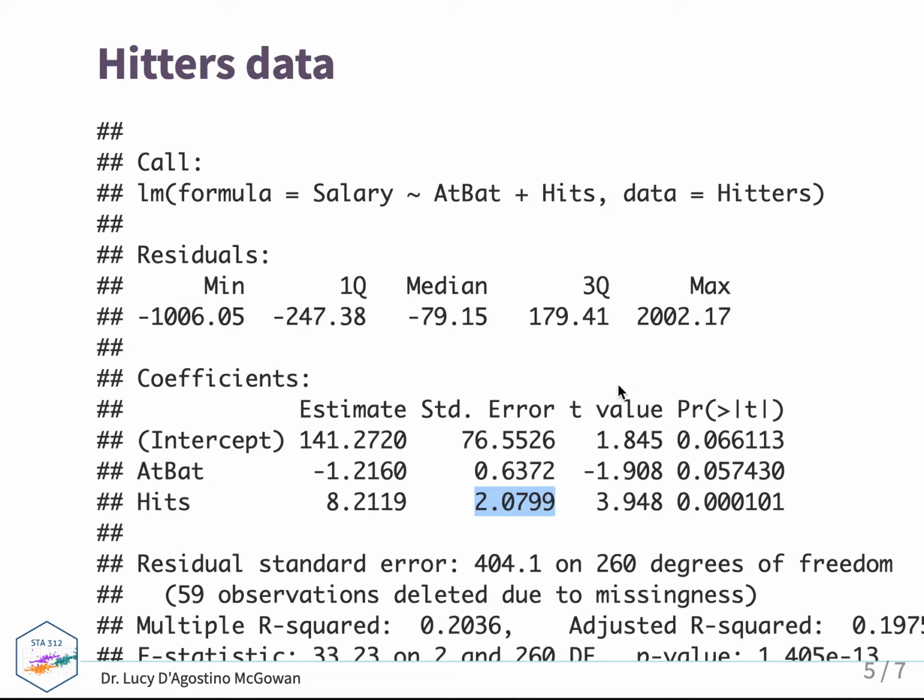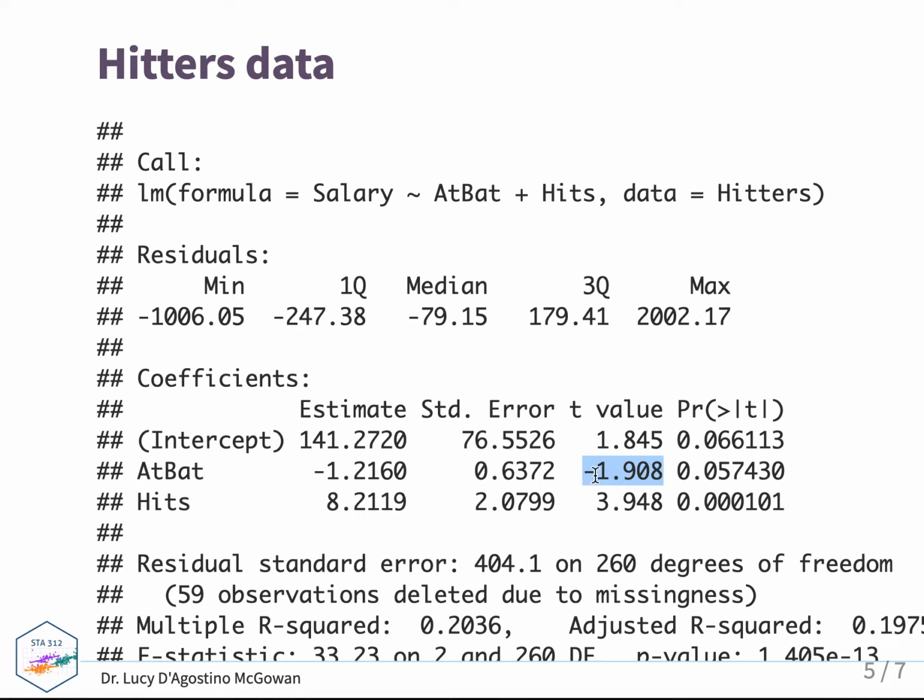That's exactly what a t-value, the t-statistic, is. It's just the beta coefficient divided by the standard error. For hits, 8.2 divided by 2.0799 is equal to 3.948. Similarly for at bat, negative 1.216 divided by 0.6372 is equal to negative 1.908.